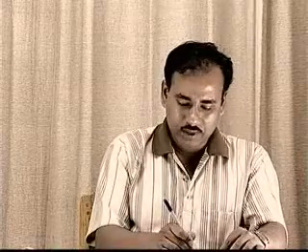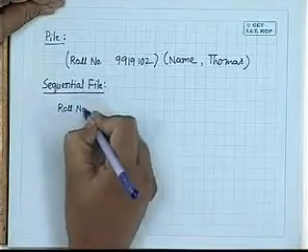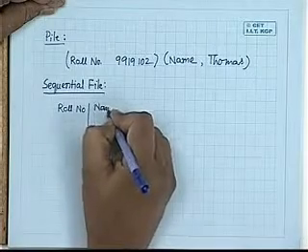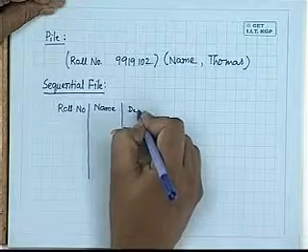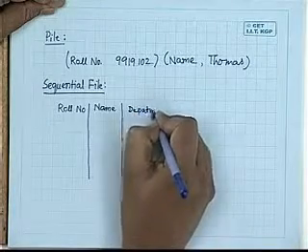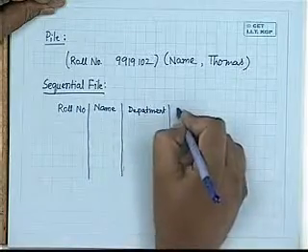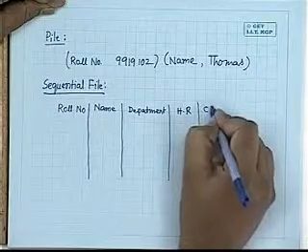So as we said that if we put the student record something like this, first we put the roll number, then you put the name, then maybe you put the department, then you may put the hall of residence, then you may put the CGPA of the student.